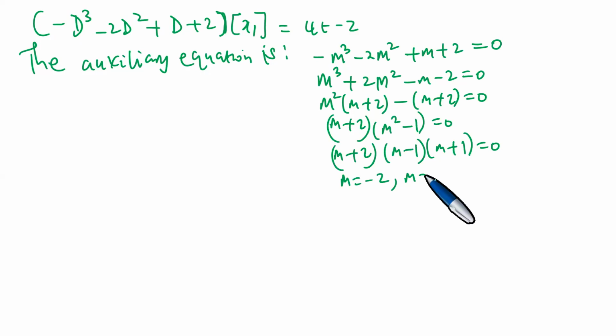Those are your roots: m equals minus 2, 1 and minus 1. Okay, the auxiliary equation is this one.